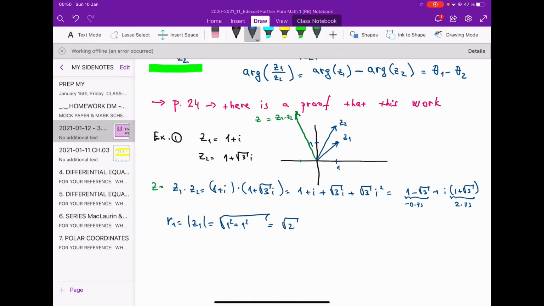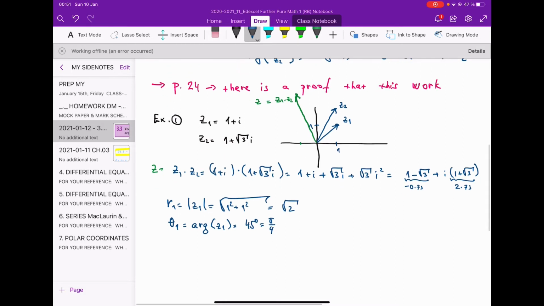And obviously the argument of z1 is 45 degrees or pi over 4, because it's 1, 1, so it must be pi over 4 or 45 degrees. Now for r2, the modulus of z2 is root of 1 squared plus root of 3 squared, that is root of 4, so 2.